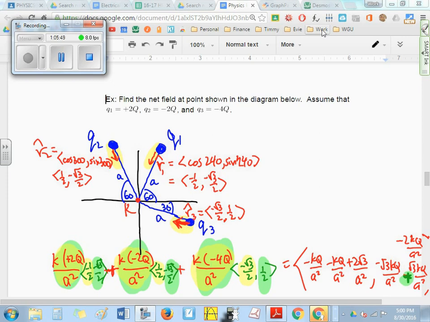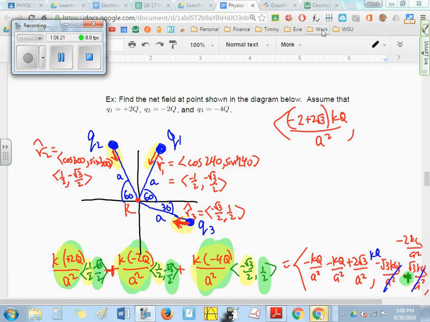Okay, so let's pull out a KQ. Well, first let's combine like terms, then we'll pull out our KQ. So it's going to look like this. Negative 2 plus 2 root 3, and Mr. Short forgot to write his KQ right here. There's a KQ and everything, right? So it's negative 2 plus 2 root 3 KQ over a squared, comma, and then you have basically these canceling out because they're exact opposites, and then a minus 2kq over a squared.